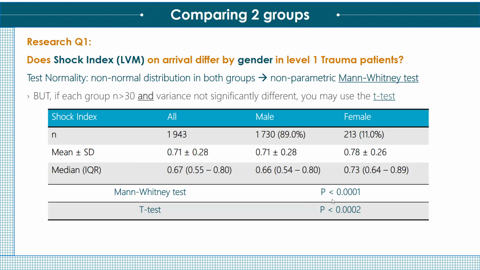To answer our question, you would have seen the p-value was 4 zeros in Stata, so we always make it 3 zeros and a 1. And the t-test was 3 zeros and a 2 p-value. So the question, does shock index on arrival differ by gender? Yes, significantly so.